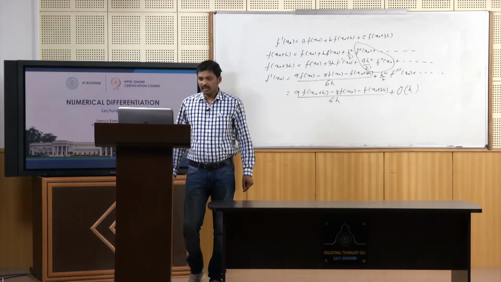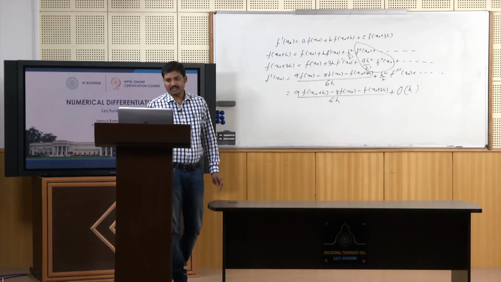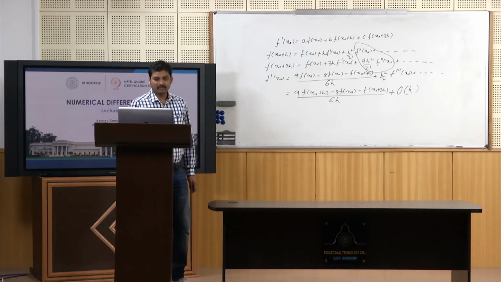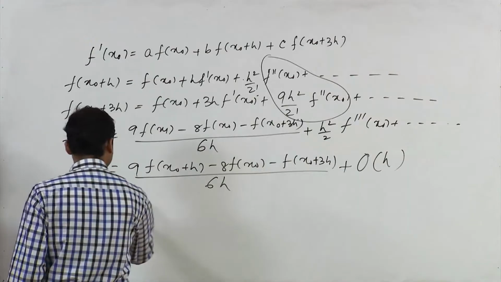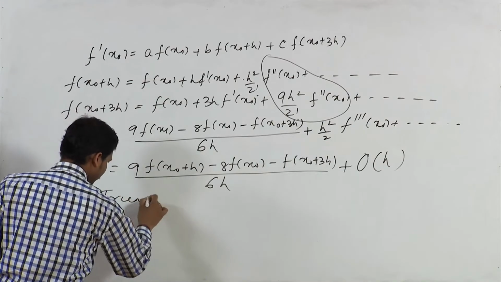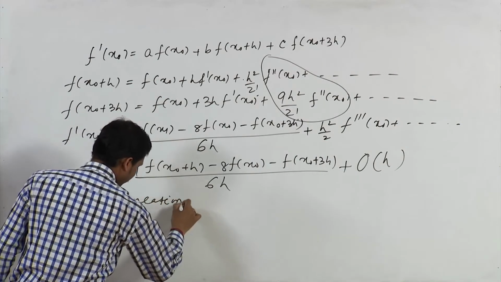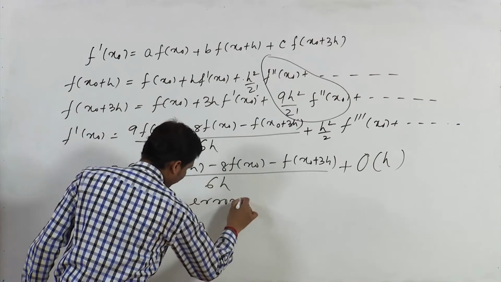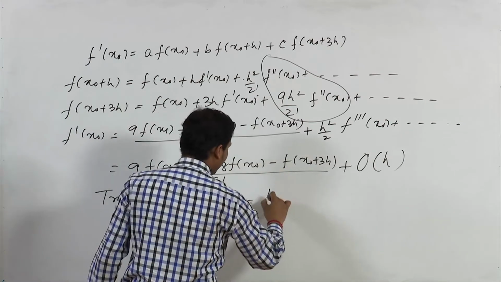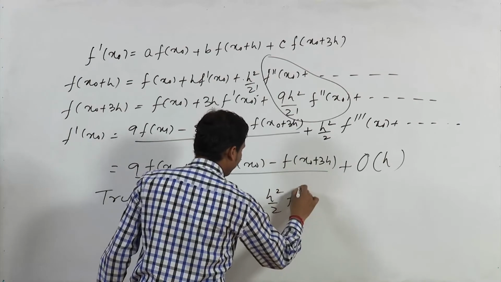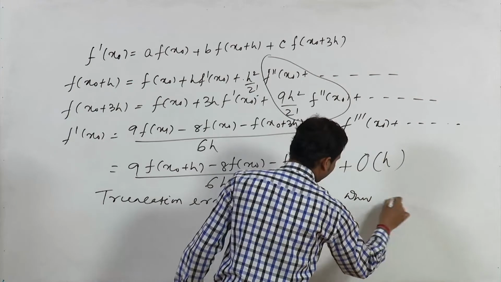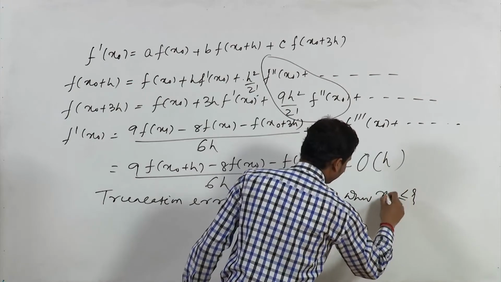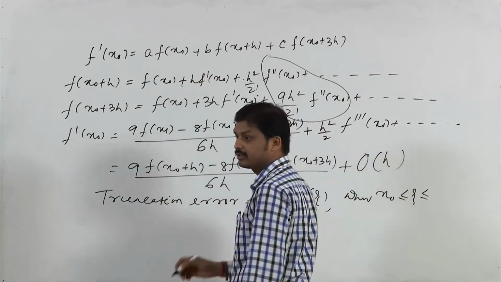And the truncation error term can be written as h square by 2 f triple dash of zeta, where zeta lies between x 0 and x 0 plus 3h.